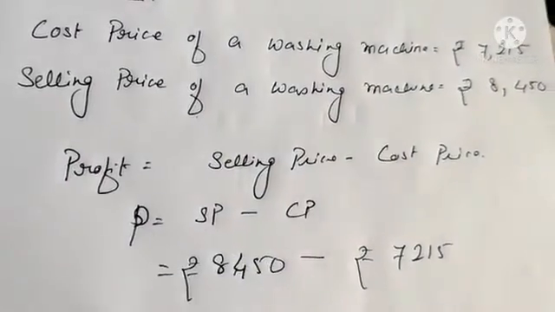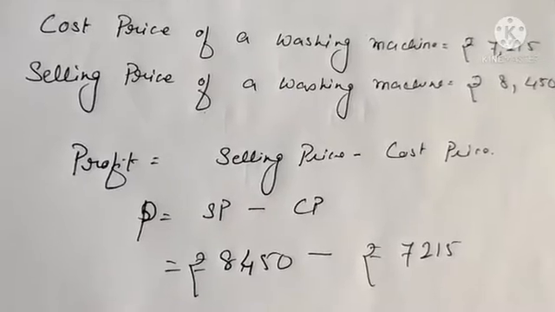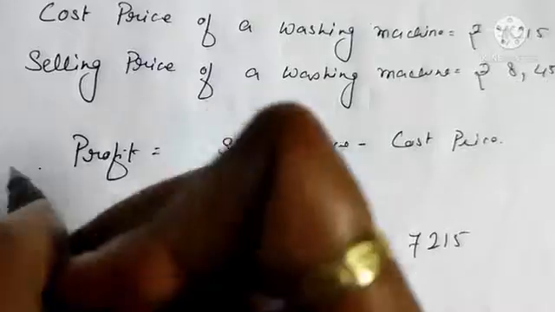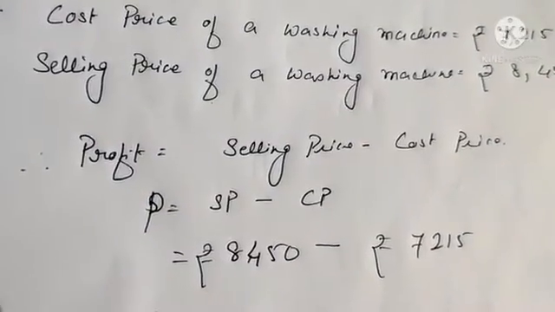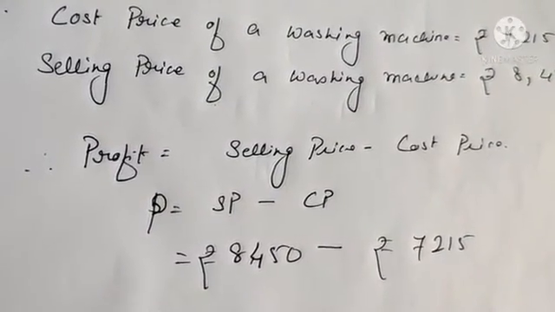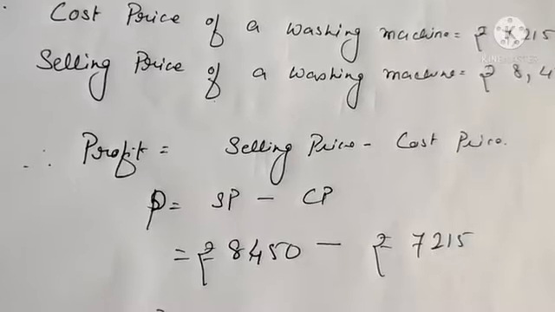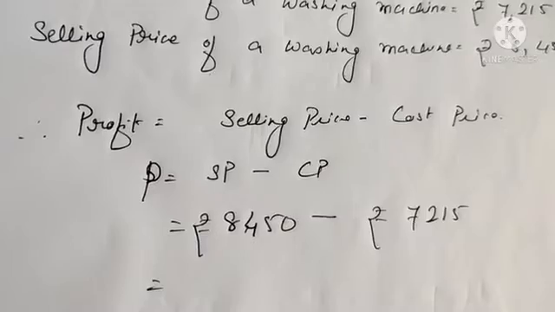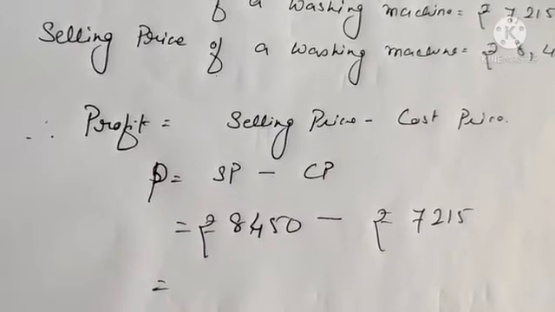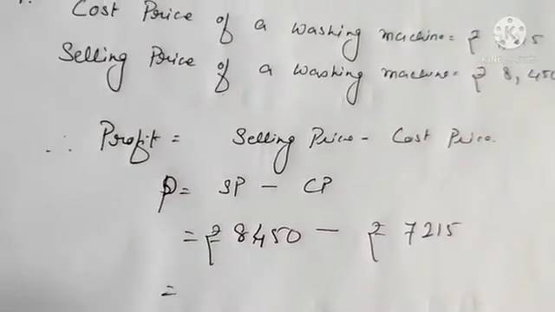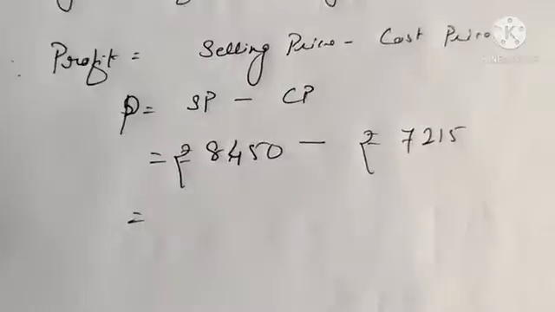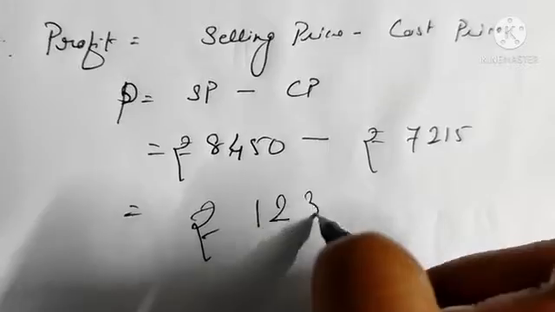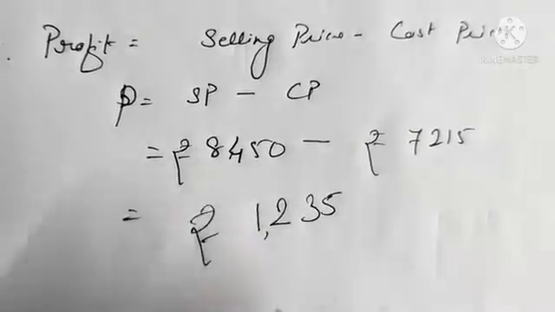So profit equals selling price minus cost price, or P equals SP minus CP, that is rupees 8,450 minus rupees 7,215 is rupees 1,235.